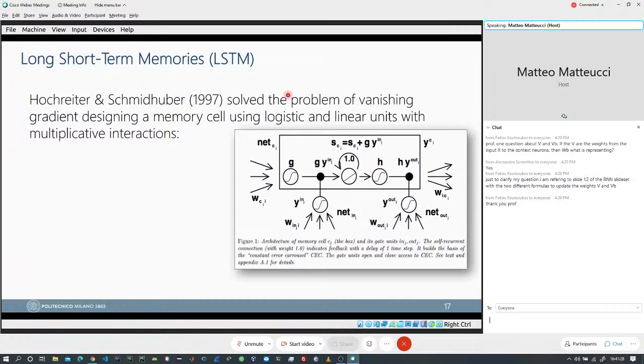However, it is just part of the solution, because you still have multiplication of the weights of the recursion through the layers, and to avoid vanishing and exploding gradient, Hochreiter and Schmidhuber proposed the use of this cell, which is called the constant error carousel, to keep the weight, the multiplication of the weight, equal to 1.